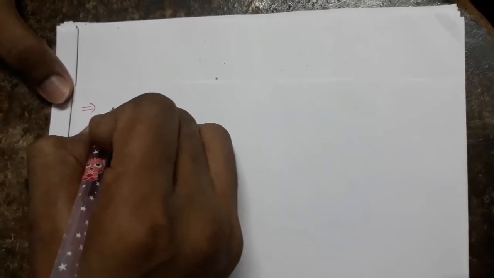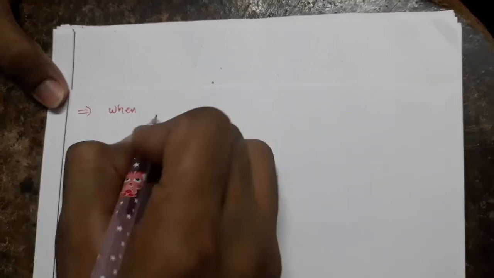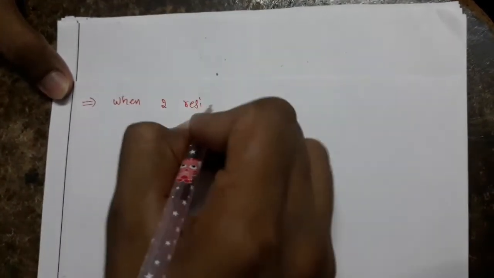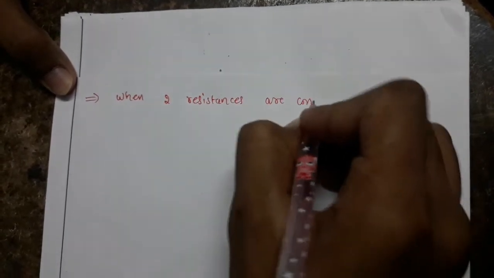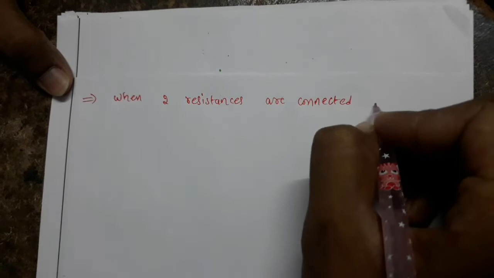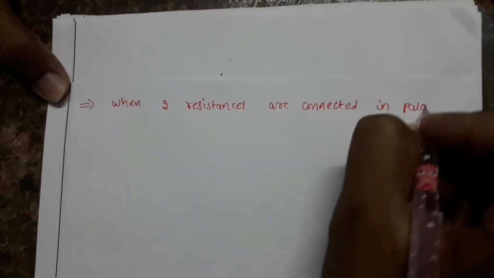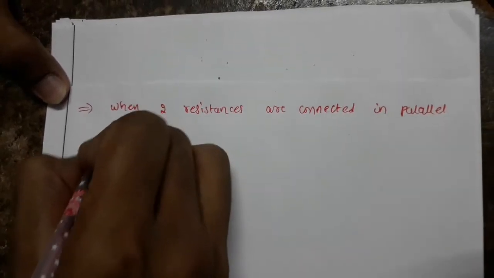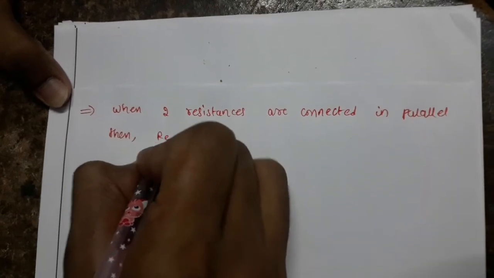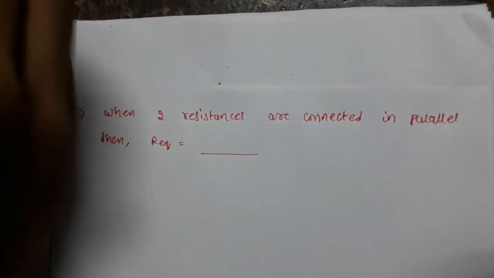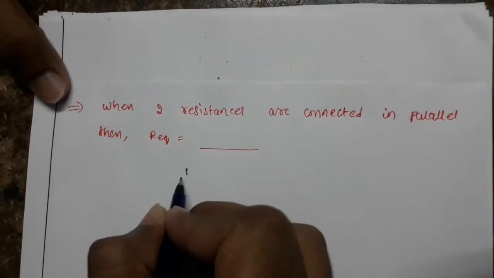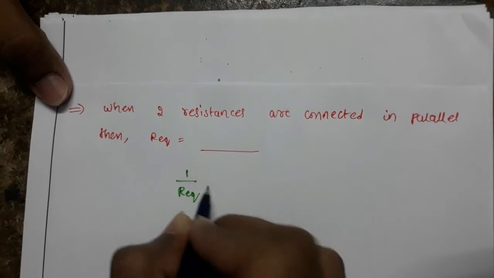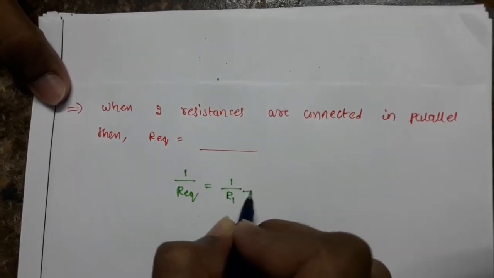Friends, when two resistances are connected in parallel, then R equivalent equals, I am deriving it right now, 1 by R equivalent equals 1 by R1 plus 1 by R2.